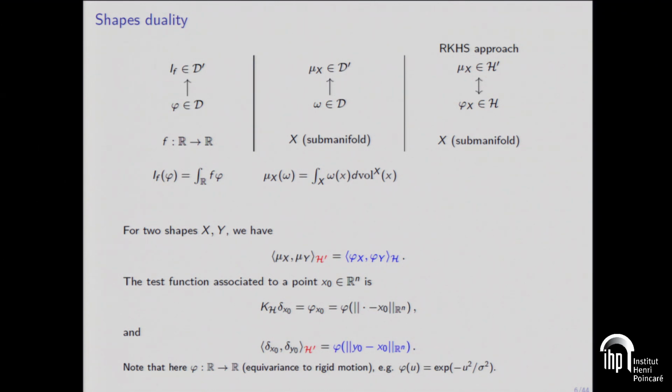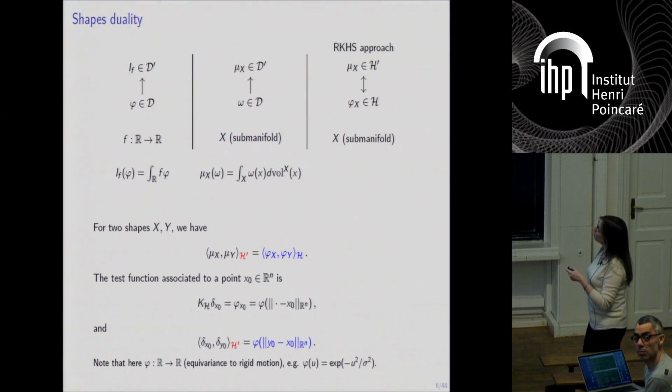And we can generalize this concept to shape representation. What we just talked about is: you consider a function f and a set of test functions, and the integral of f against a test function is just the linear form, the distribution associated to f. If you generalize this for a shape x, you consider a test function that you integrate on this shape.